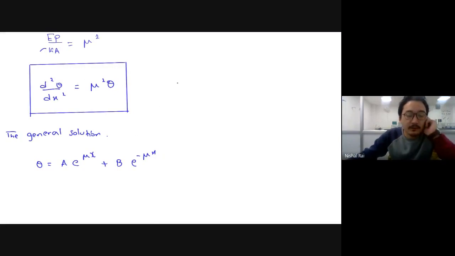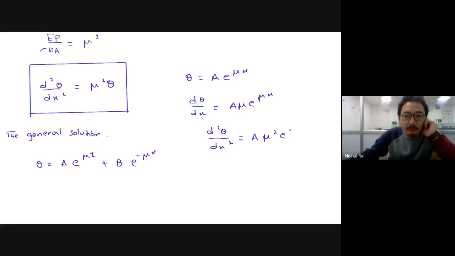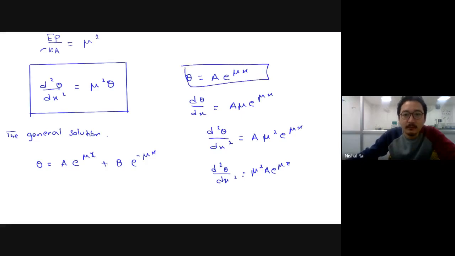This will also solve this equation, because if you put theta over here, let's say theta is equal to A e to the power mu x, then d theta by dx will be A mu e to the power mu x, and again you put it over here, then you will end up with A mu square e to the power mu x, or basically del square theta by del x square will be mu square A e to the power mu x, and you know A e to the power mu x is what?